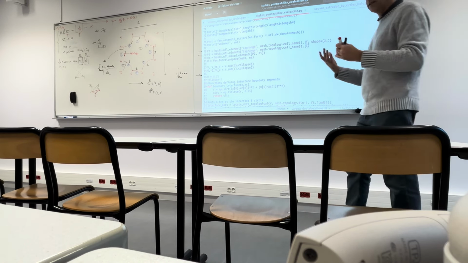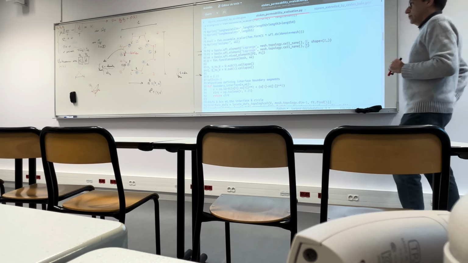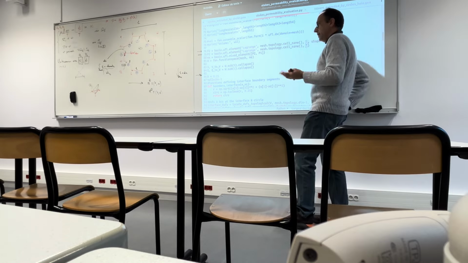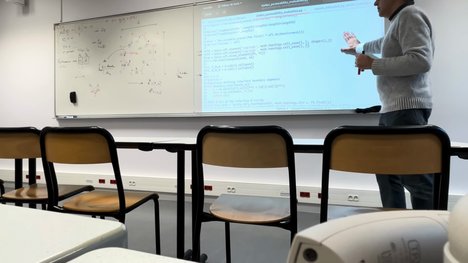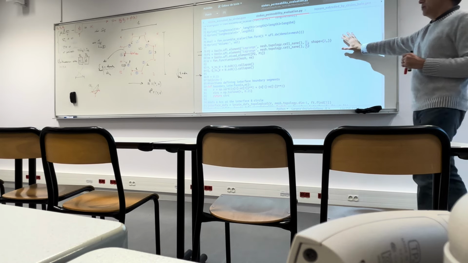Okay, so this part is once again just preparatory to the solution of the problem, but it is fundamental because you are choosing what kind of elements to use for solving the problem. So in this way we have stated where we are going to look for the solution of the problem.